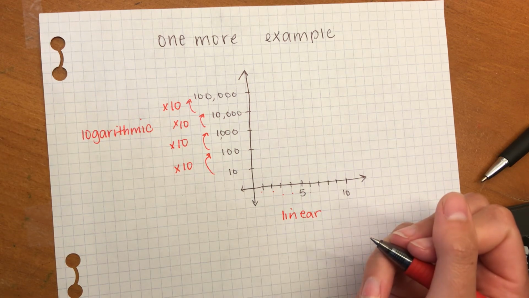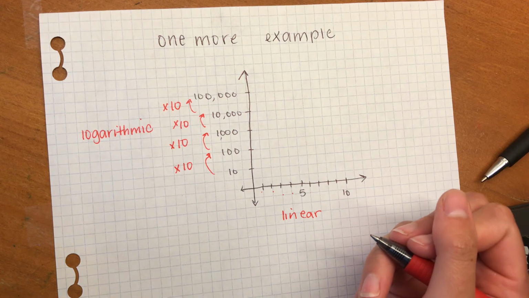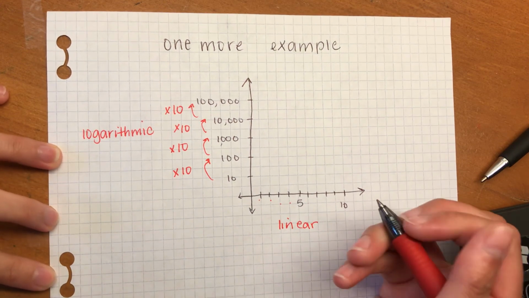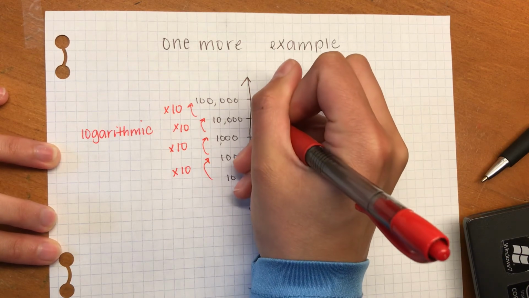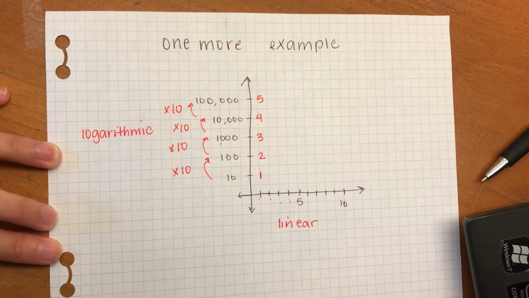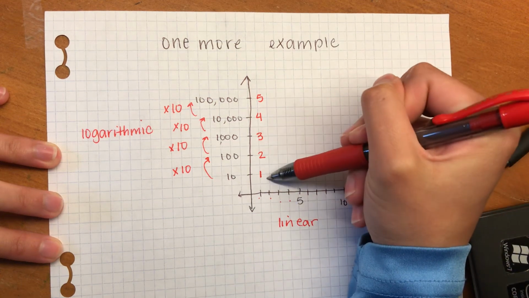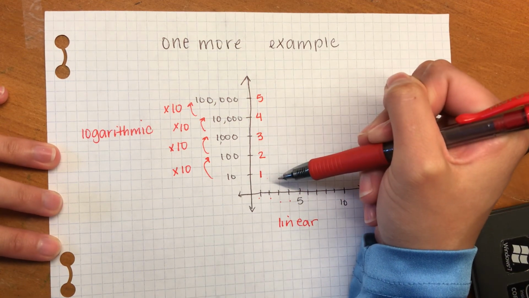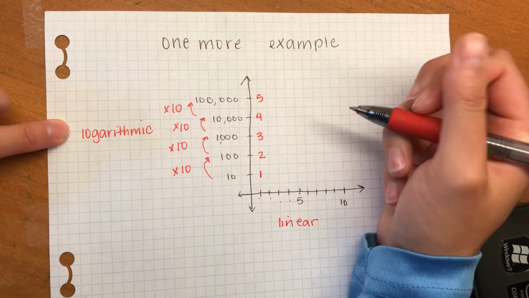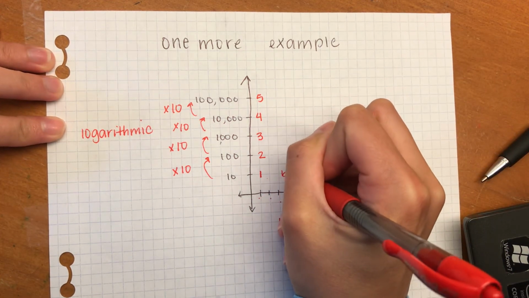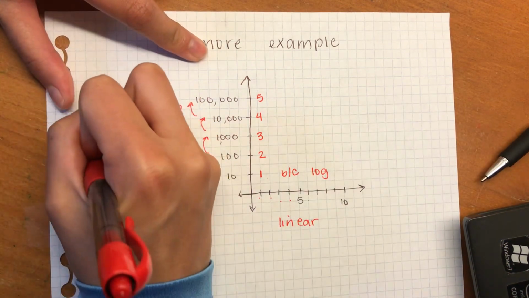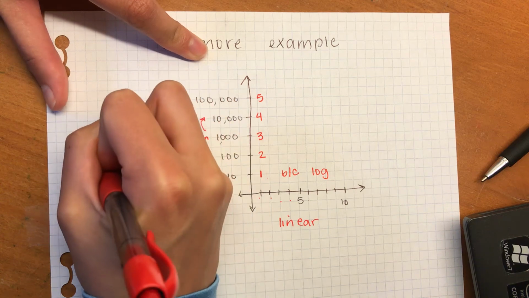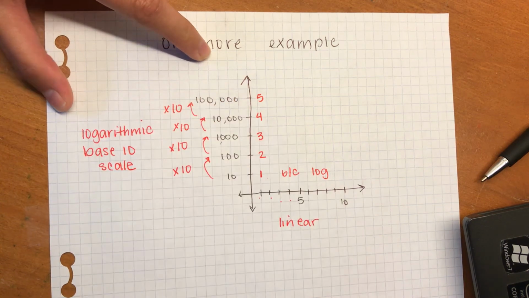And one more time, to talk about that logarithmic scale, just as another example, if I said this was 1, 2, 3, 4, 5 in terms of the marks, I've adjusted this to be linear. And that's how I'm going to get my values that make this a logarithmic scale, because this is going to be a logarithmic base 10 scale. And it does matter what the base is, right?